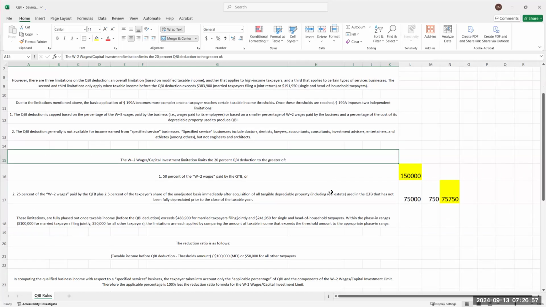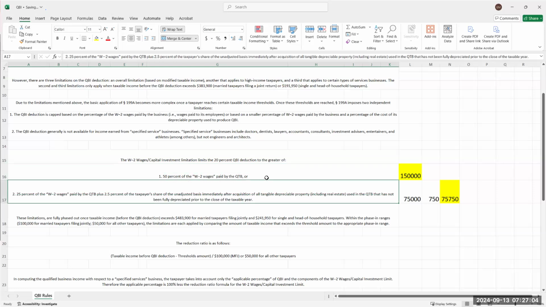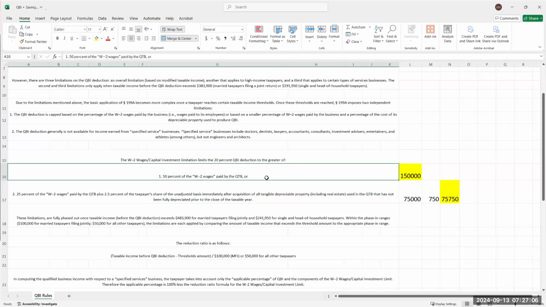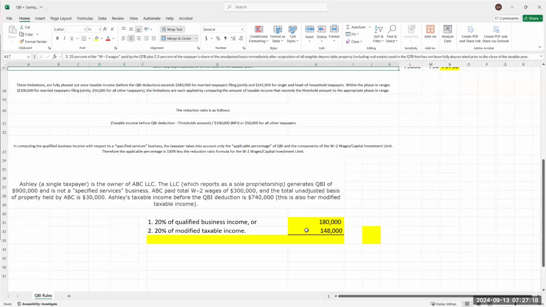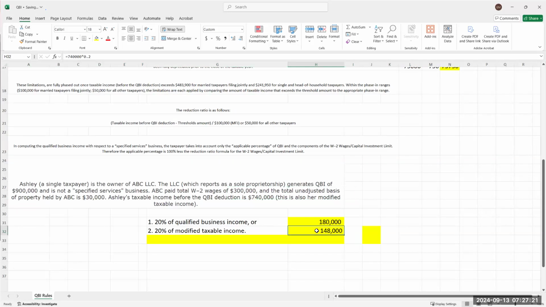These things had an impact on the additional computations and the complexity of it. So we needed to factor in 50% of the W-2 wages, and 25% of the W-2 wages paid plus 2.5% of the unadjusted basis of property. And then at the very least, the QBI deduction cannot be greater than 20% of the taxable income.